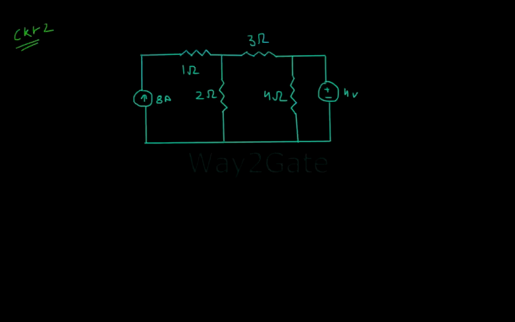In the next example, we have an 8 ampere current source, that is, it's supplying 8 ampere current to the circuit. Let current Ix flow in this branch and current Iy flow due to the 4 volt voltage supply.